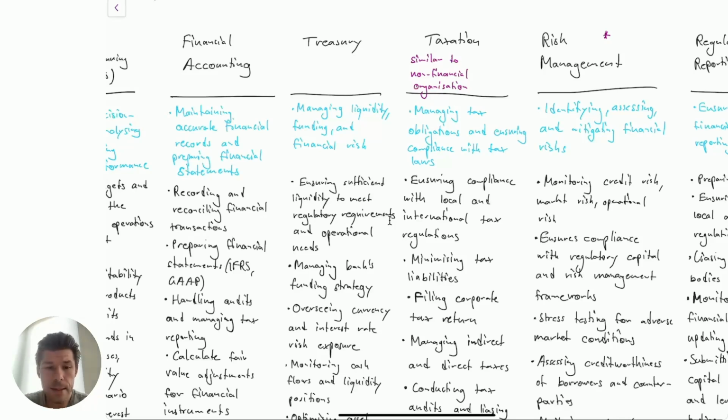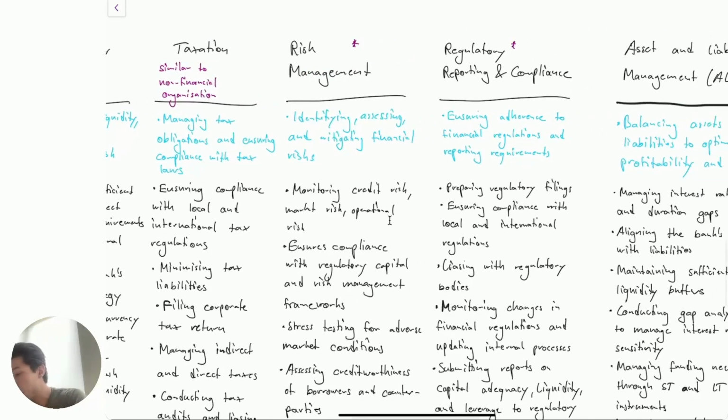So, slight differences. Another one is we said risk management does scenario analysis and prepares risk exposure reports for regulators, and we said regulatory reporting and compliance does the same. Again, risk management is strategic oversight. The focus is on understanding, measuring, and managing risks to ensure the organization's resilience.